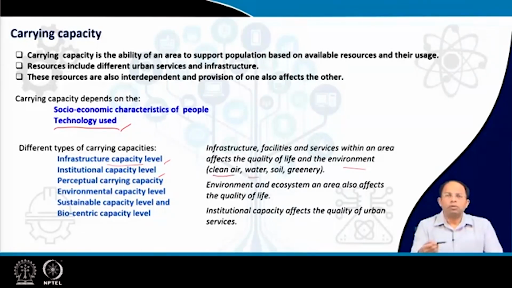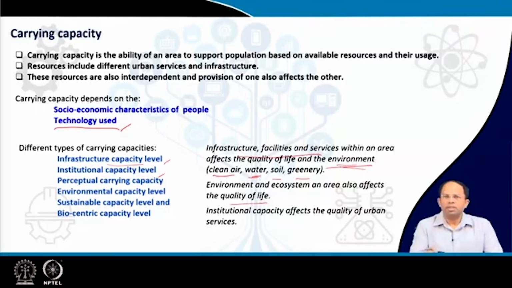If I do proper sewage treatment, proper sanitation and drainage, then the water quality of the water environment of that area would be good. Same goes for soil, greenery and so on. So as you can see, provision of certain infrastructure affects other infrastructure, such as recreational facilities and parks. So the environment and ecosystem of an area also affect the quality of life.